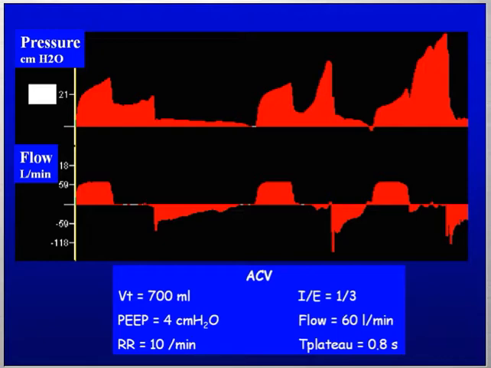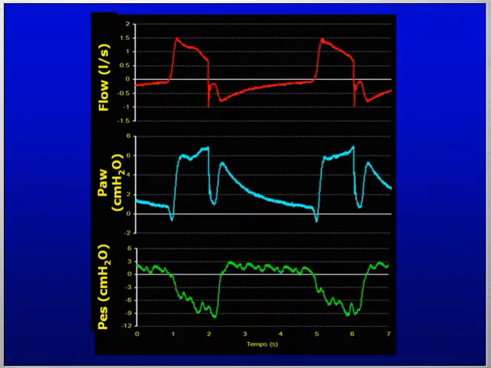And in this case, the flow setting was not the problem, but the plateau was a big problem for the patient.